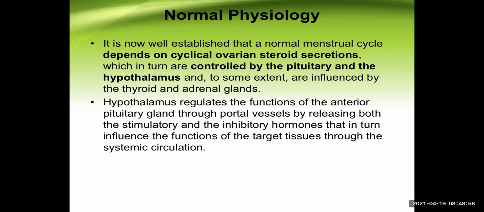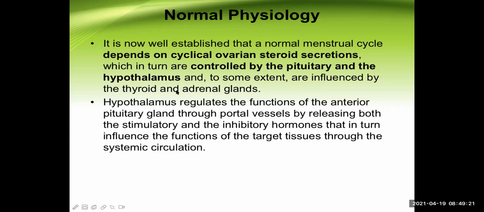Ovaries are the gonads of the female, and they are responsible for secretion of estrogen and progesterone. Then the pituitary gland, which should be functioning normally, and then the hypothalamus. This is known as the hypothalamo-pituitary-ovarian axis, the HPO axis, which should be functioning.